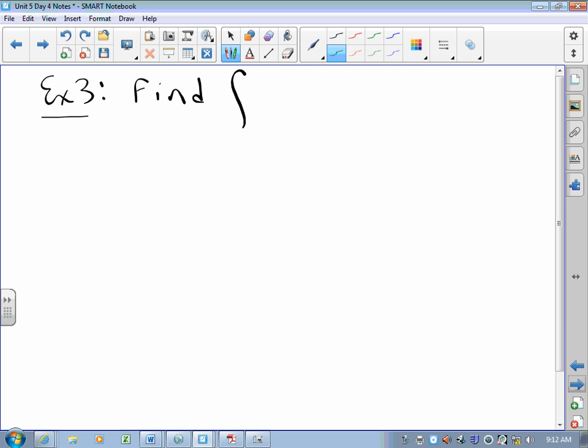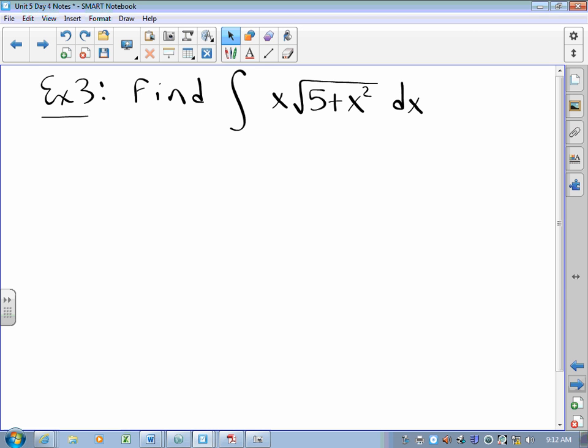How about the integral of x times the square root of 5 plus x squared dx? That can't be hard. So again, things under radicals make for good u's. I'd really love to turn this into f of u du.